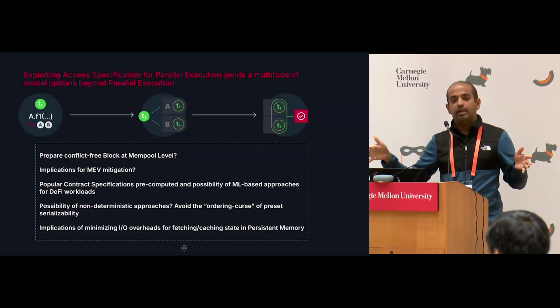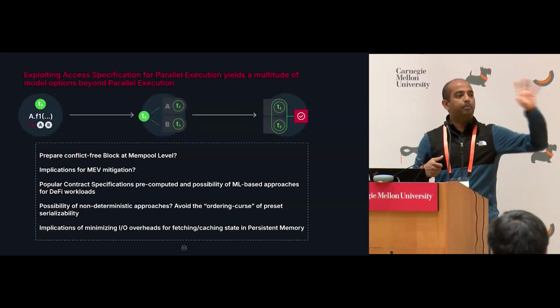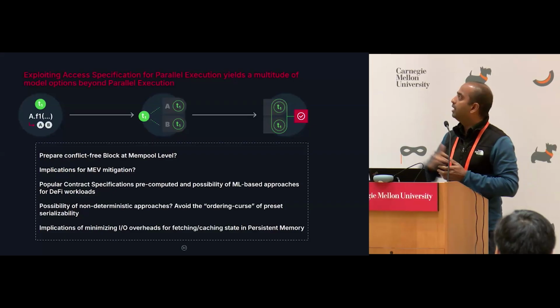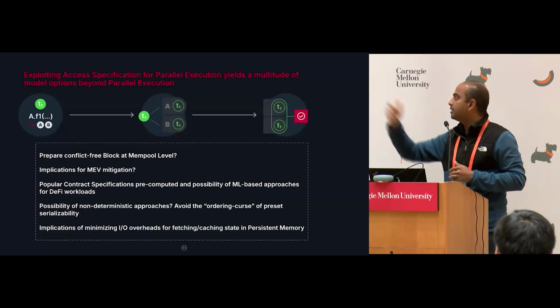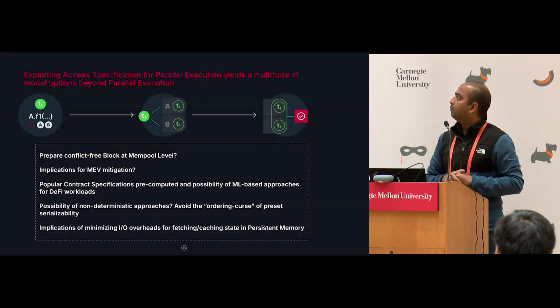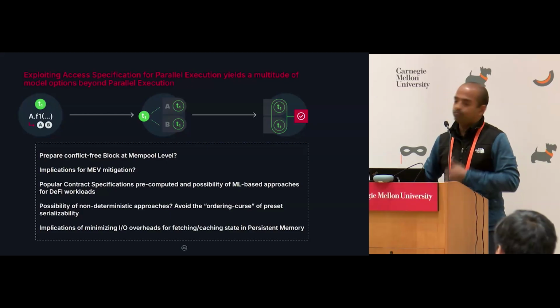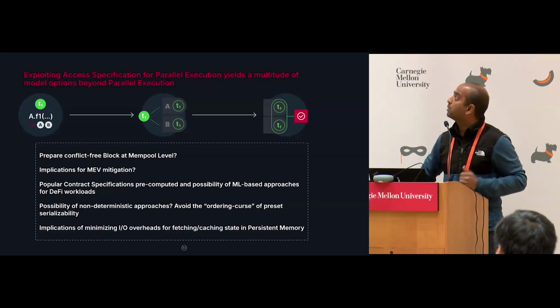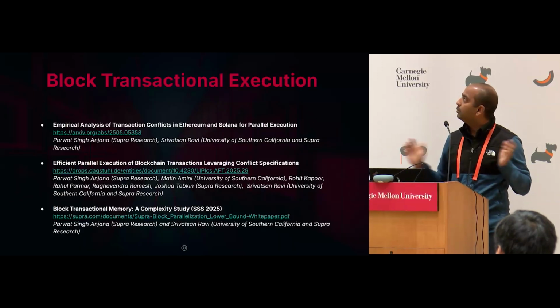There are even proposals right now to go beyond all of this in order to prepare a block directly at the mempool level, which is largely conflict-free, which allows for faster execution. It introduces the possibility of more non-deterministic approaches, and hopefully, this work brings about more contribution in that space. And with that, I'll stop.